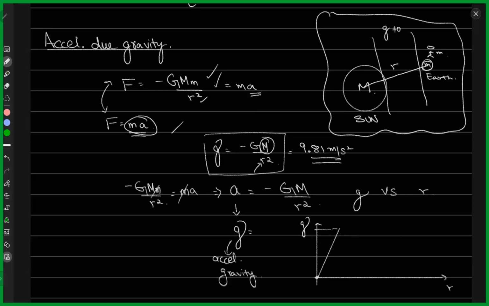Then it starts decreasing due to this inverse square relationship. As you move away from the surface of the Earth into space, it starts decreasing like this, which is 1 over r squared, right?